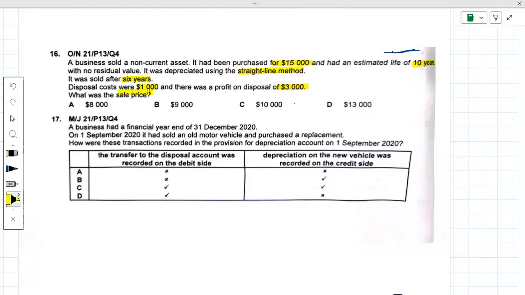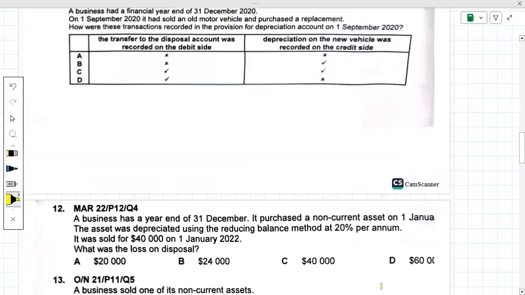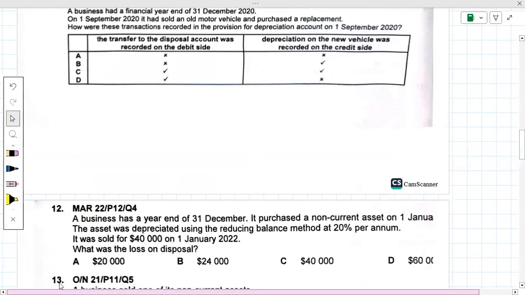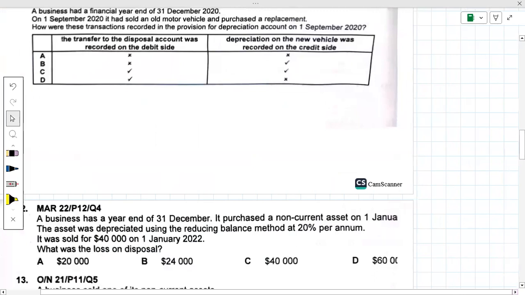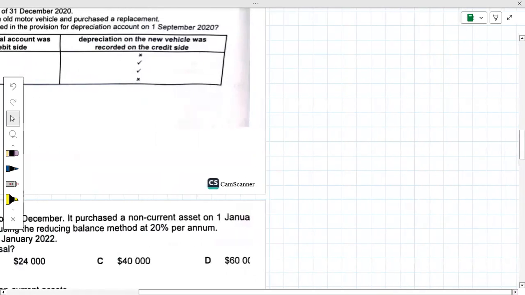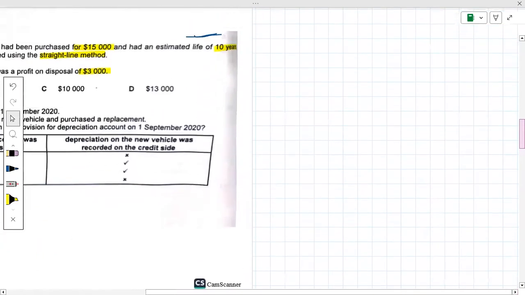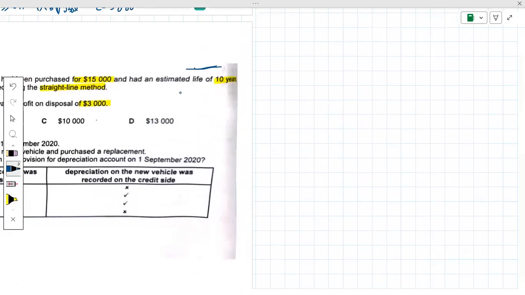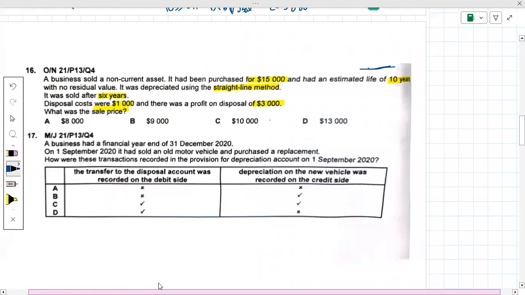Okay, so this is the complicated one, but not that complicated. So first of all, we have to write. Okay. So what was its cost? So its cost is $15,000.